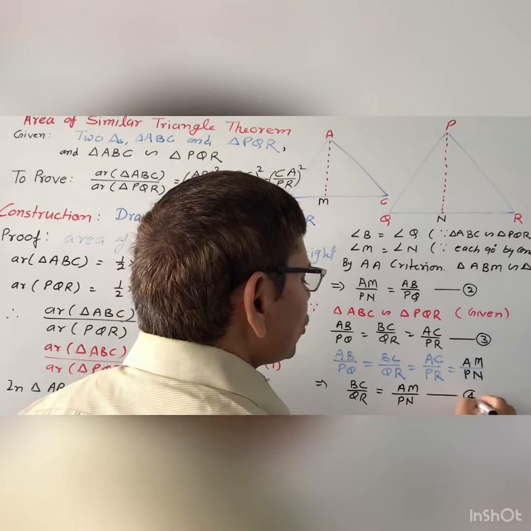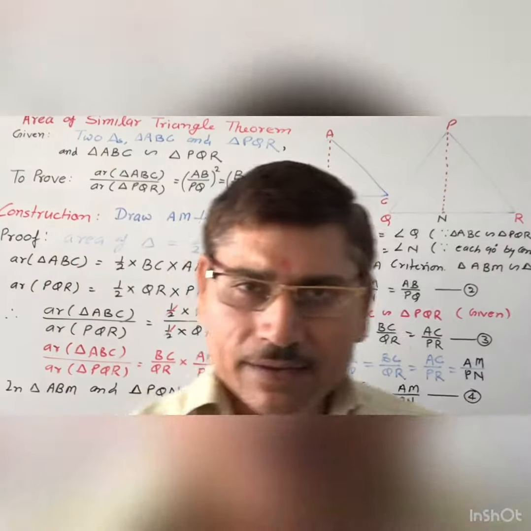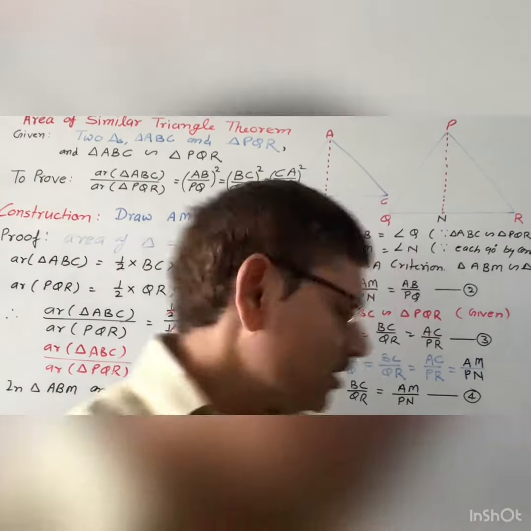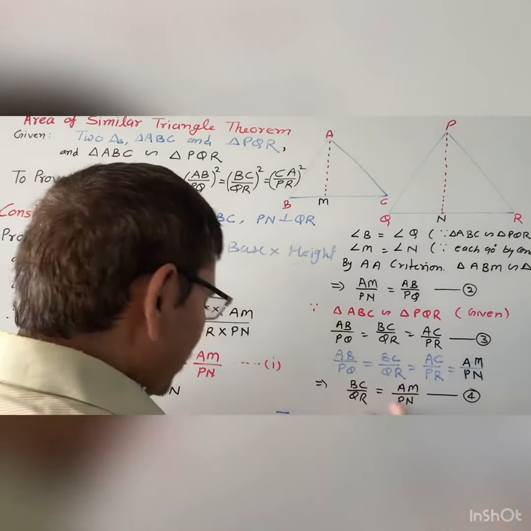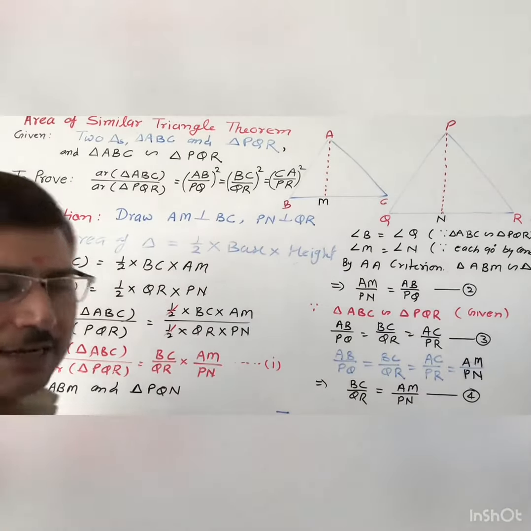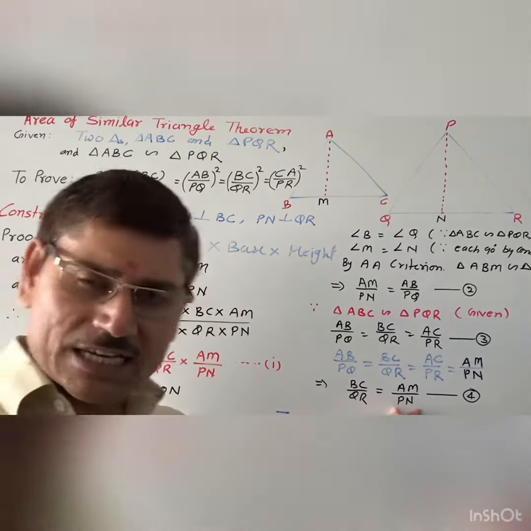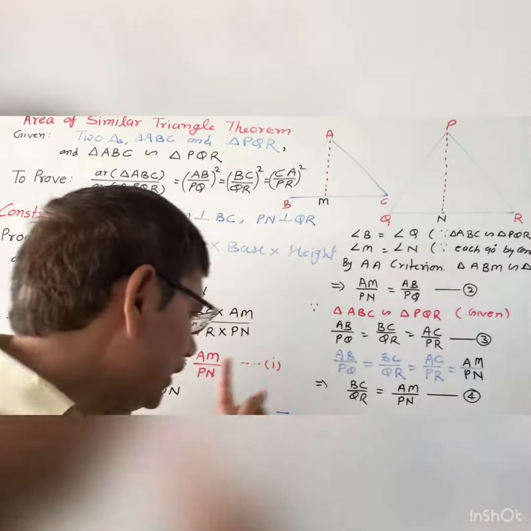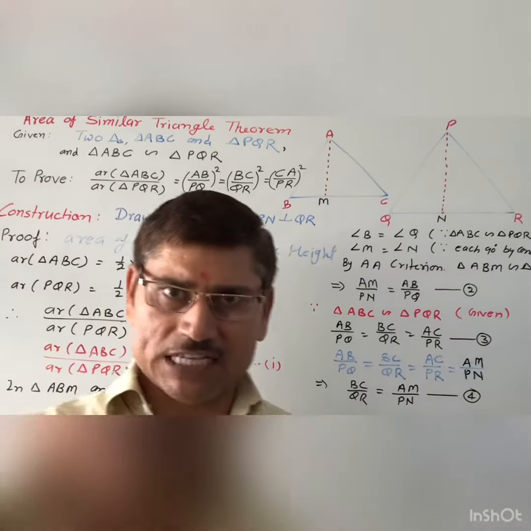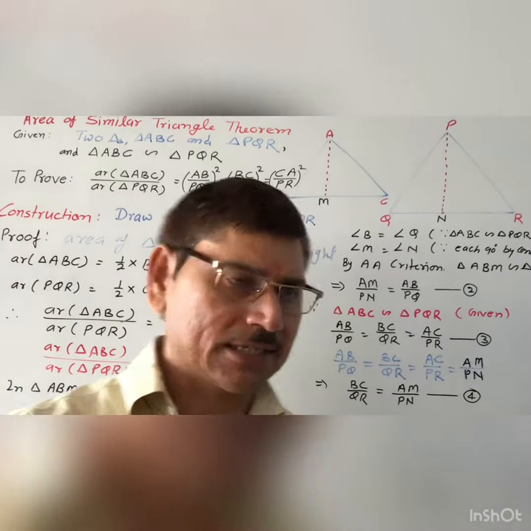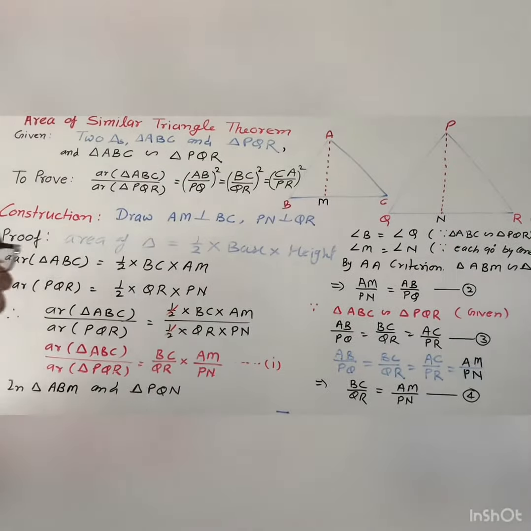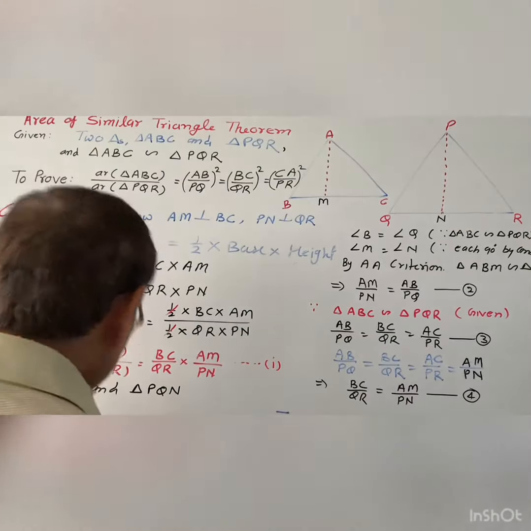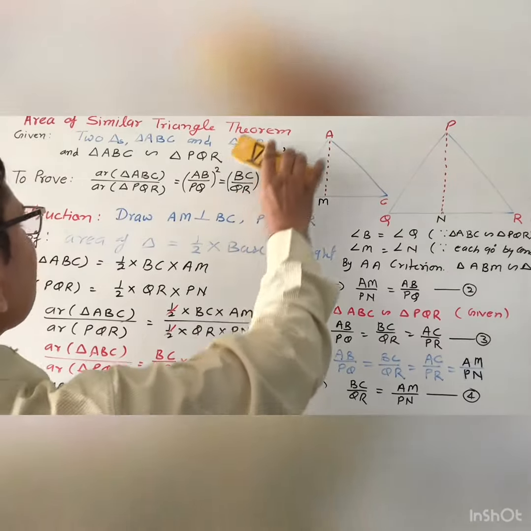This is equation number 4. Why? Because our requirement is to remove AM upon PN from equation number 1. So we will substitute this value in equation number 1.